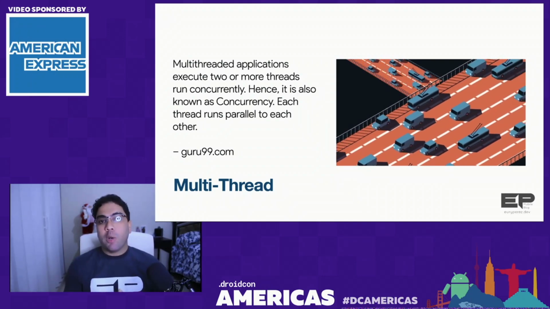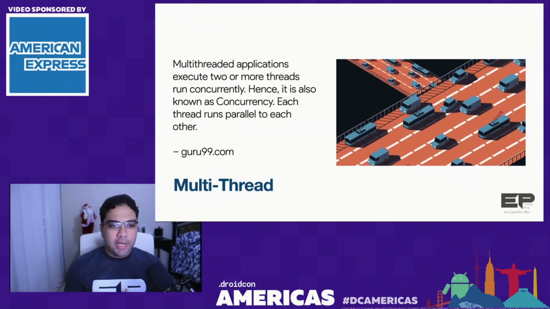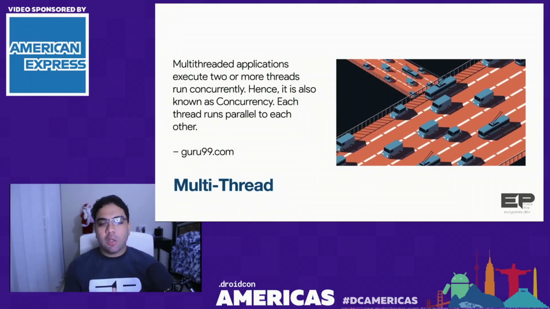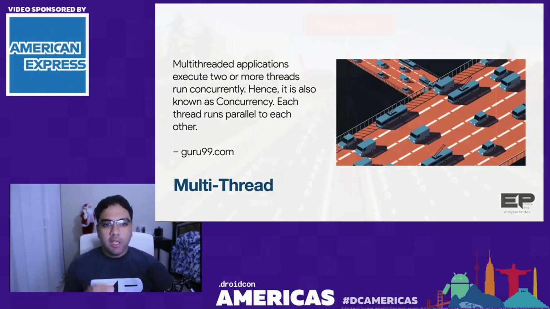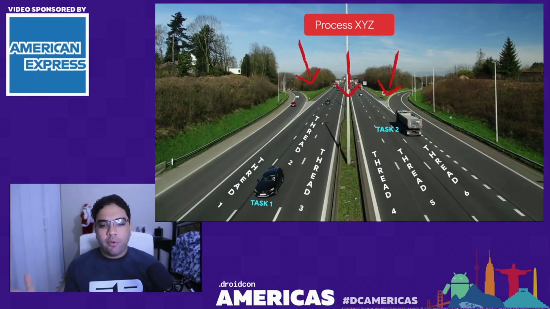In the same way, threads work in parallel. This is also known as concurrency, and multi-threading is also known as concurrency. Each thread runs in parallel to each other. Each lane is a thread, so we have thread one, thread two, to thread six. And in each thread we can have multiple tasks.